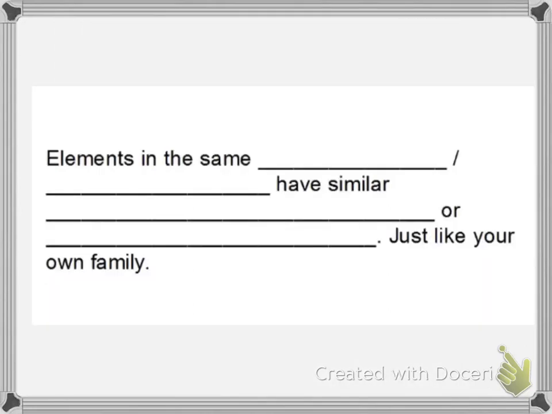Okay, moving on. So, why is this important? Here's why. Because elements in the same group or family, and remember groups and families run up to down, or vertical. Excuse me, guys, my throat's bothering me. They run vertically, okay? So we're still talking about groups and families, which you already know.